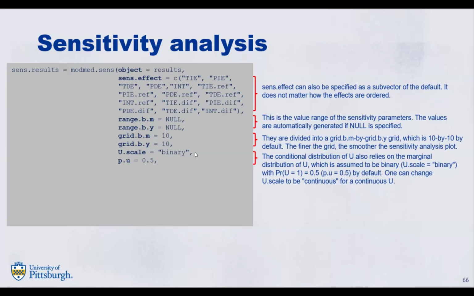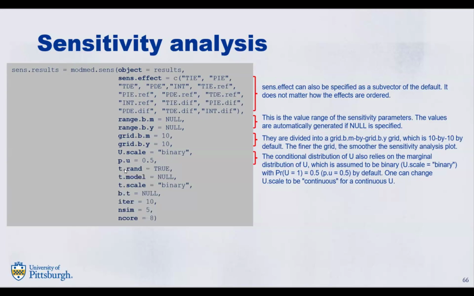But if you argue that there can be multiple unmeasured confounders, then it may be safer to specify it to be continuous. And by default, the program generates a standard normal unmeasured confounder. Just the distribution of the unmeasured confounder is specified to be normal.